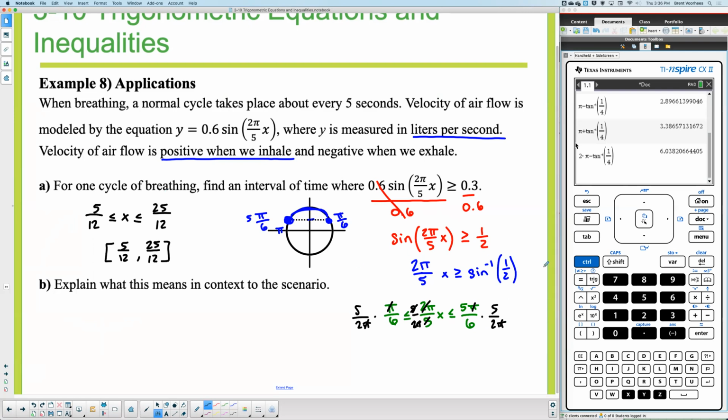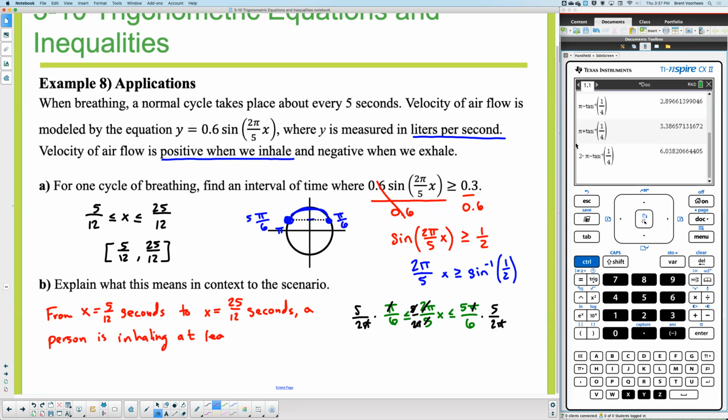And that's the interval of time. So explain what this means in context to the scenario. Well, that means from, I'm going to change it to a t because we're talking about time. Well, they gave me an x, so I better stay with x. From x equals 5/12 seconds to x equals 25 over 12 seconds, a person is inhaling, it's a weird word, inhaling at least.